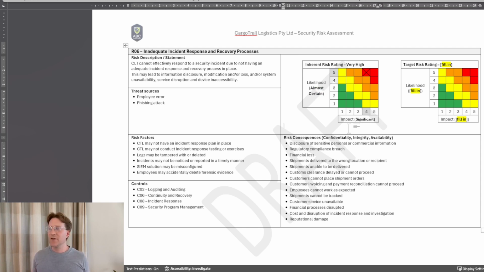With the impact being significant, since we're essentially talking about this being another layer on top of an existing incident, I wouldn't quite make it critical level 5 impact, but significant, because you're simply making something else worse by not having any idea what to do, not having any processes, any systems, any training in place to know what to do when, firstly, you don't even know if something is going wrong.